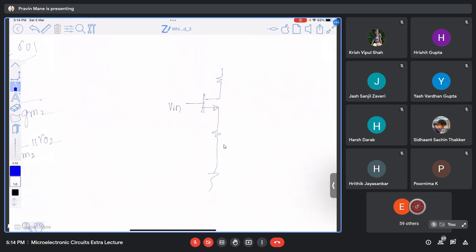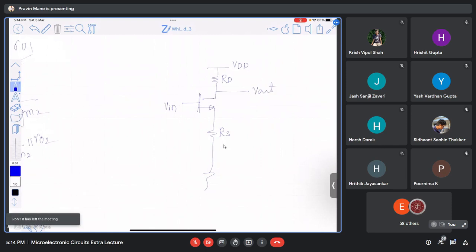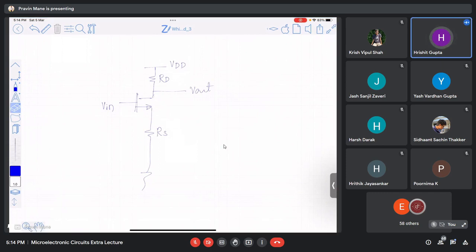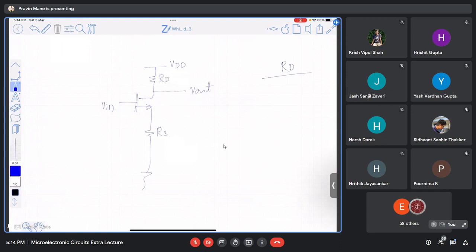V_in, this is V_DD, this is R_D, this is R_S, this is V_out. Now, if r_o is not present, how do you write the gain equation? It is g_m R_D, that is, resistance connected at the output R_D divided by resistance seen through the source terminal, R_S plus 1 by g_m, if r_o is not present, right?